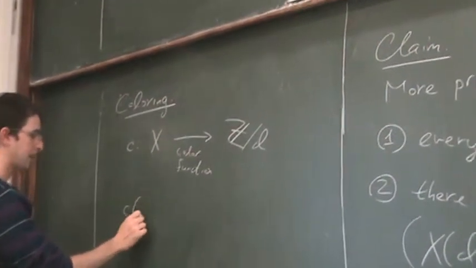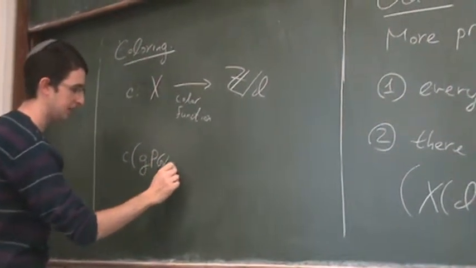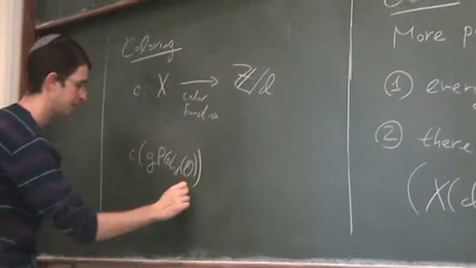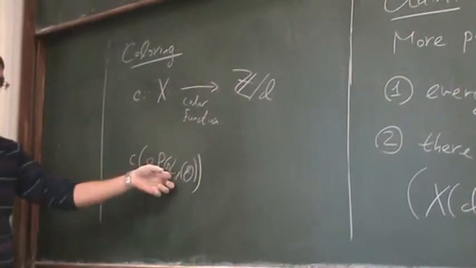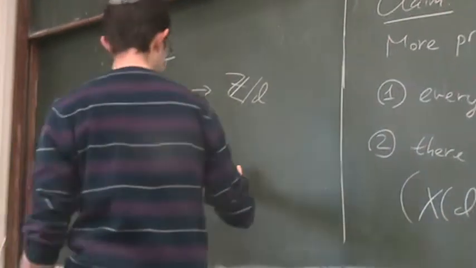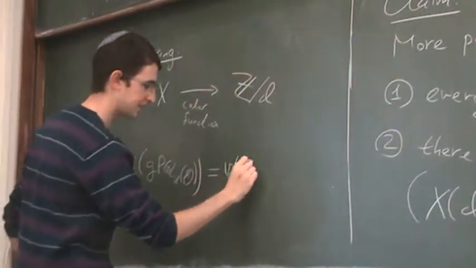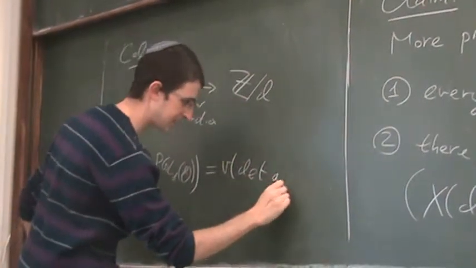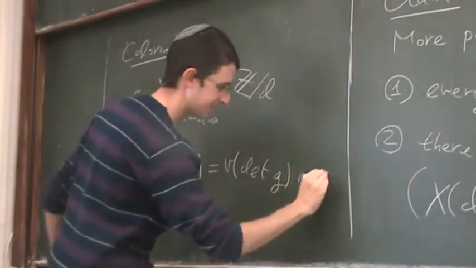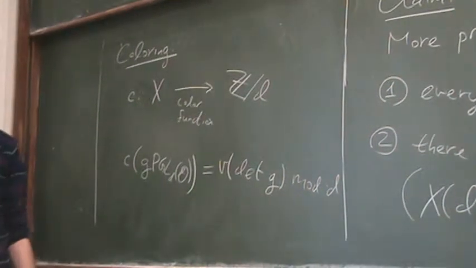So now I have a coset of PGL_d(F) modulo the subgroup. What will be the color of this? The color is going to be the valuation of the determinant of g mod d.